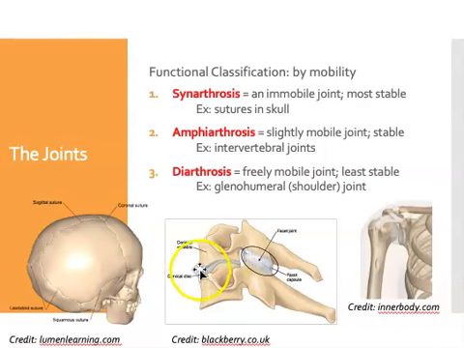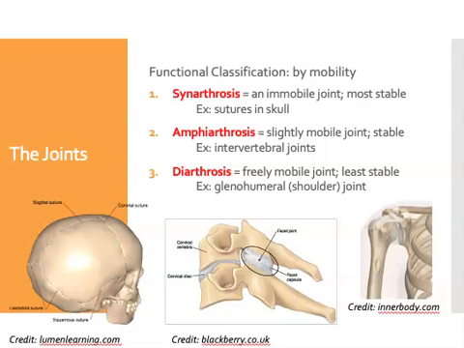Of course, there's going to be a disc that lies between the two vertebral bodies, but there's also going to be joints in other locations where the bones contact each other. These are referred to as facet joints. They do move, but they don't move very much. They are amphiarthrosis type.